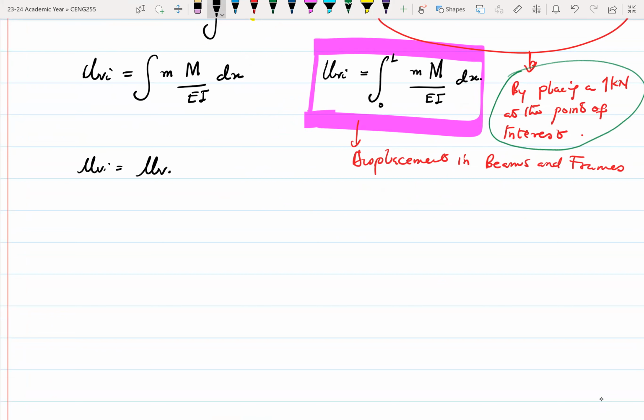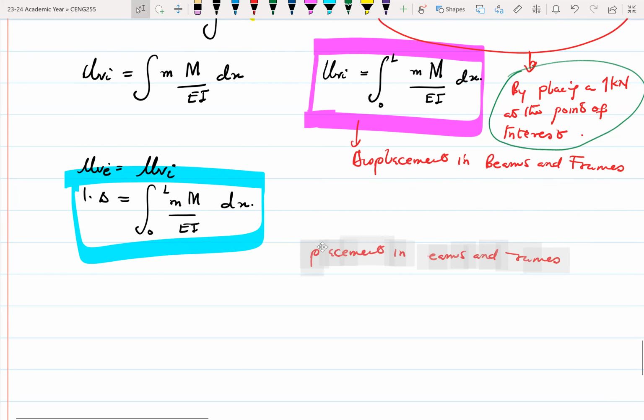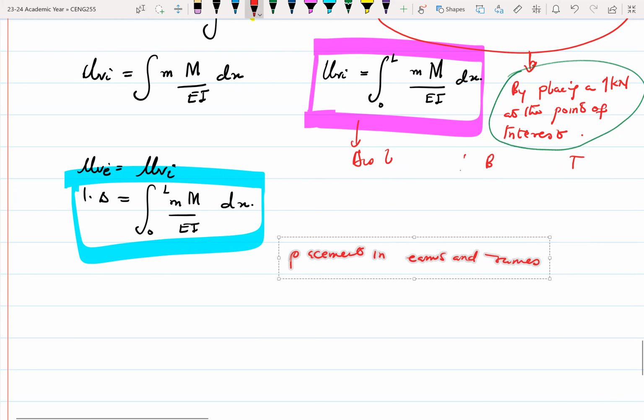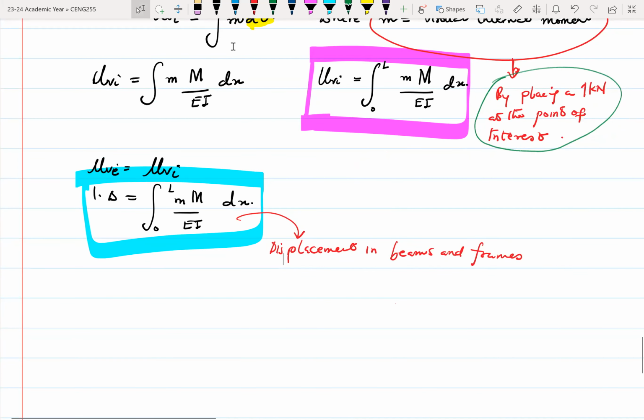So 1 times delta will be equal to the integral, and this is what we'll use for our computations. So this is for displacement in beams.